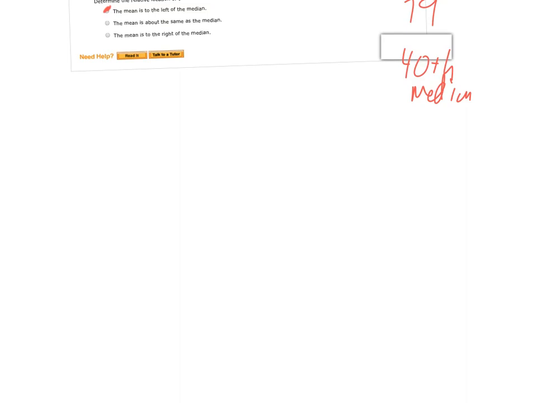So in that bar of 12, which you can see is right here, that looks like it's about 280.